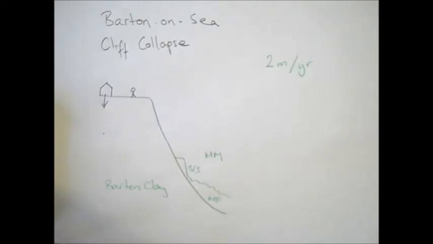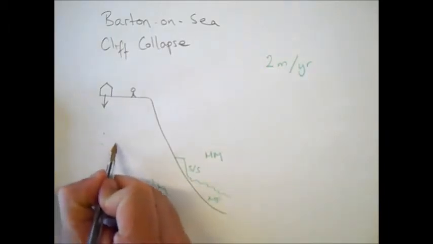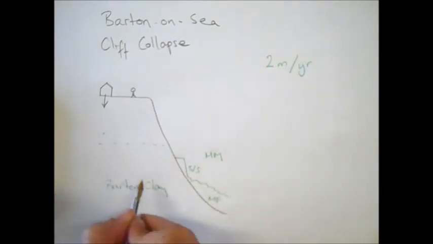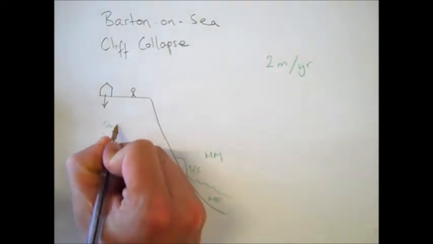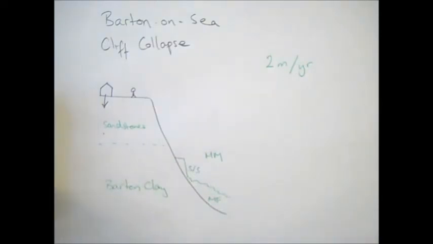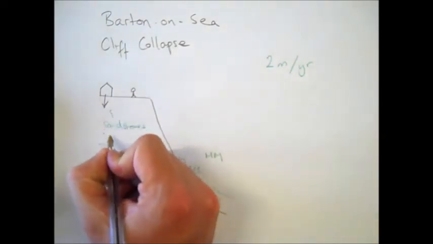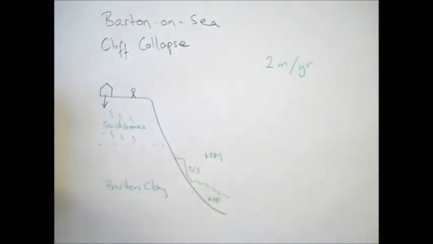What unfortunately makes Barton even worse in terms of its vulnerability to cliff collapse is the structure of the cliffs. The cliffs, as I said, are made of Barton clay, but that is mainly at the bottom, and above that are sandstones. Now those sandstones are permeable, they allow the water to infiltrate through. However, the clay is impermeable.